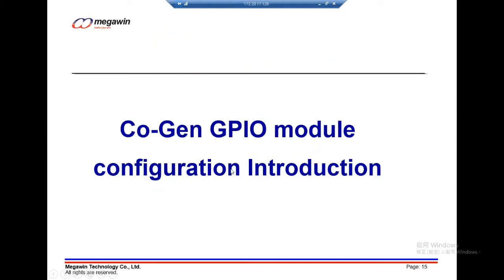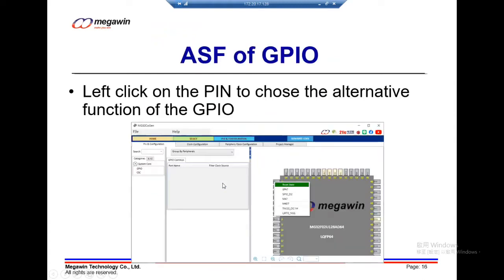Next is the introduction of the GPIO module configuration. You can just left click on the pin, then it will show the ASF, which means the different functions already embedded in this pin. So it is very easy to do.